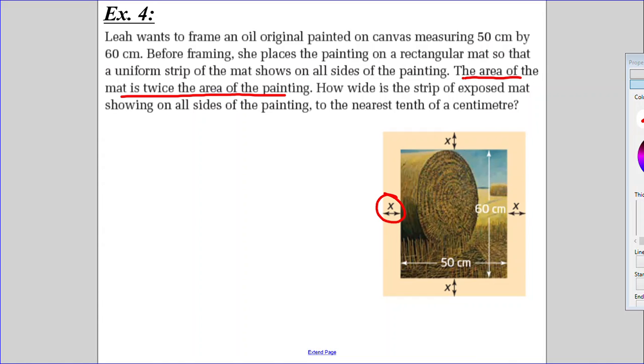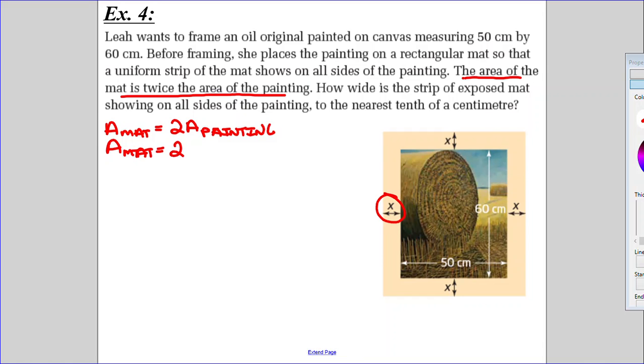So I have the area of the mat is equal to twice the area of the painting, so 2 times the area of the painting.